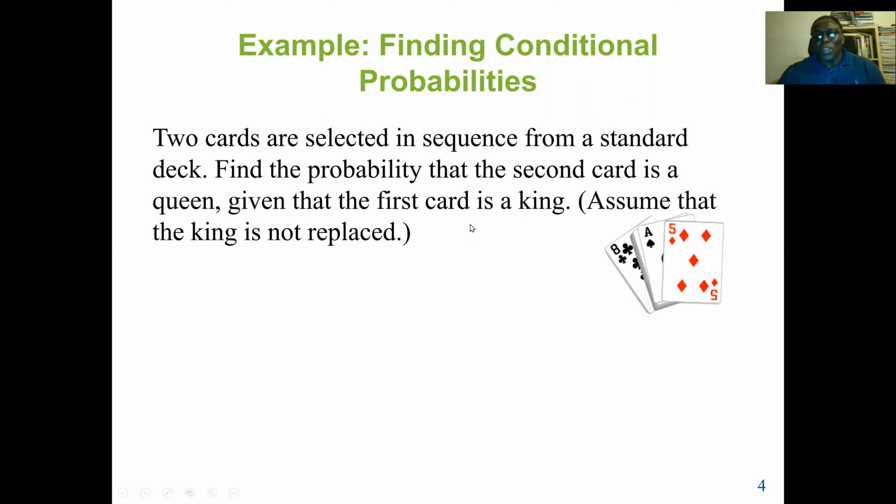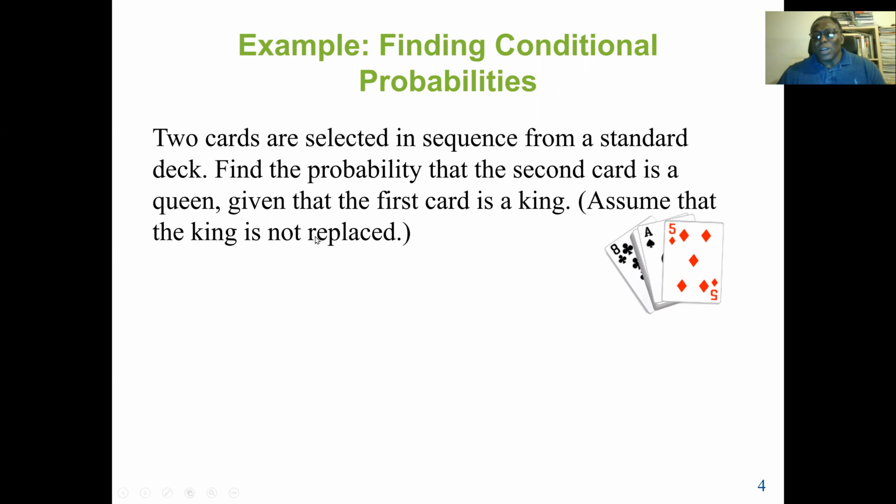But this time we are finding a probability of something given some previous condition. So we should find the probability that the second card is a queen, given that the first card is a king, assuming that the king is not replaced.